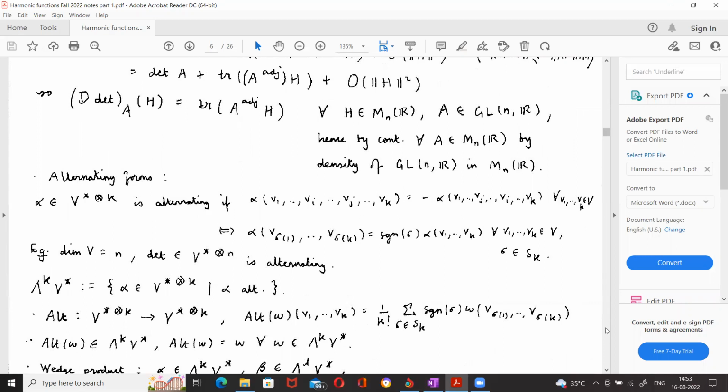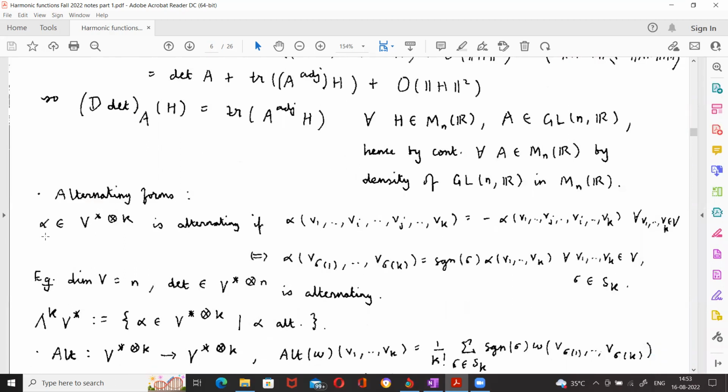So similarly, now in general, I'm going to say that a k-tensor alpha, so that means a k multilinear function from V cross V cross V, k times, to R, is alternating if when I interchange two vectors, then alpha changes sign. Okay. So alpha of v1 to vi vj up to vk is minus alpha of v1 to vj vi up to vk. Okay.